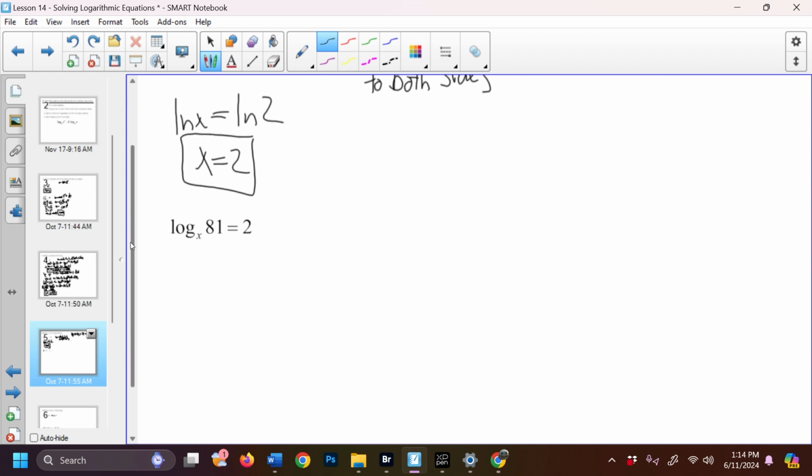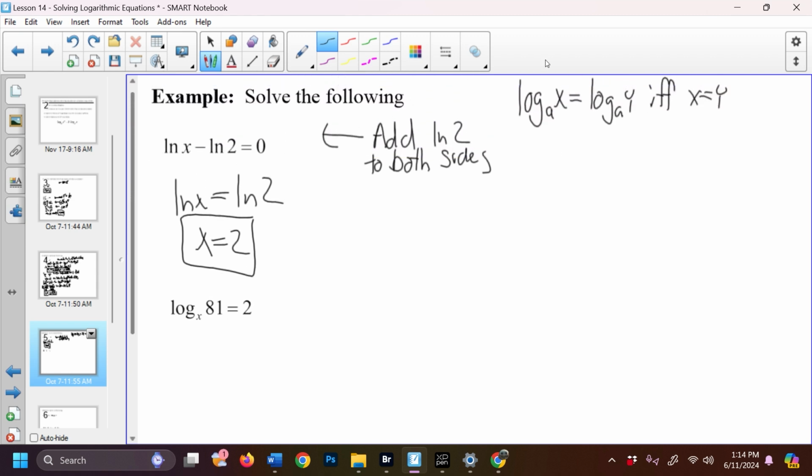All right, the next one here, you'll notice there is only one logarithm here. There is no logarithm over here. So I can't use this property that I used in the last one, but I am going to use the definition of logarithm. And I'm going to change this to an exponential.